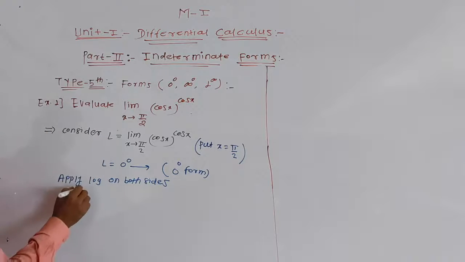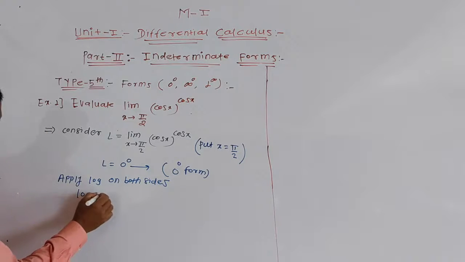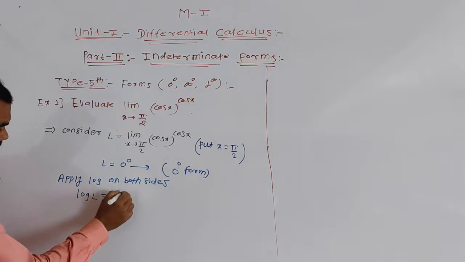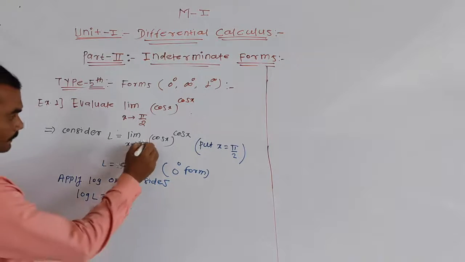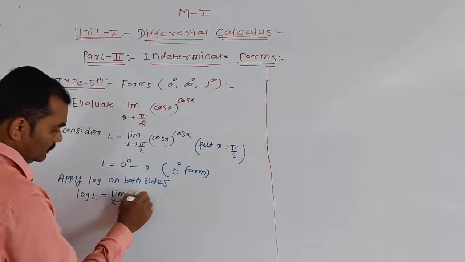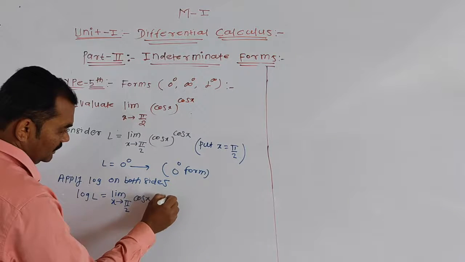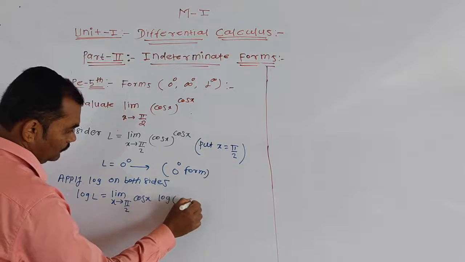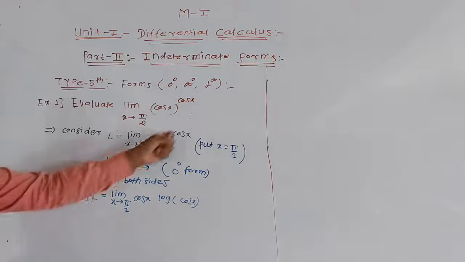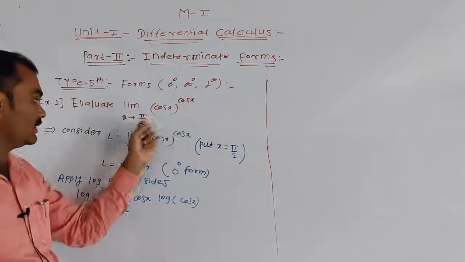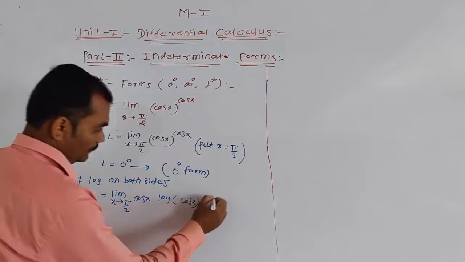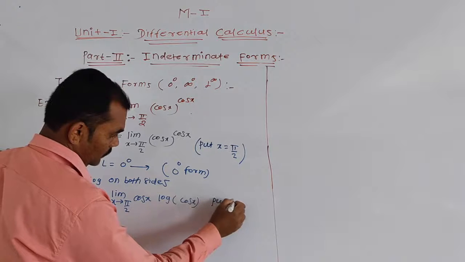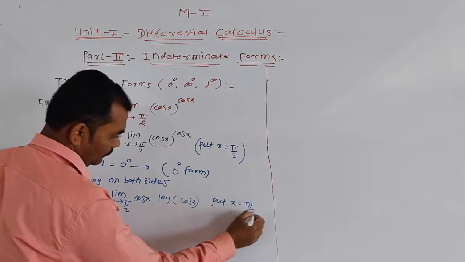Here log of L is limit x tends to pi by 2, and this cos goes to this side: cos of x into log of cos x. After applying log, this power goes to this side directly. Now replace x as pi by 2.